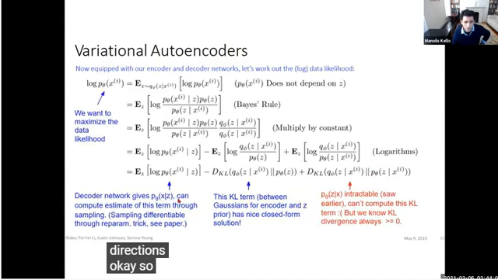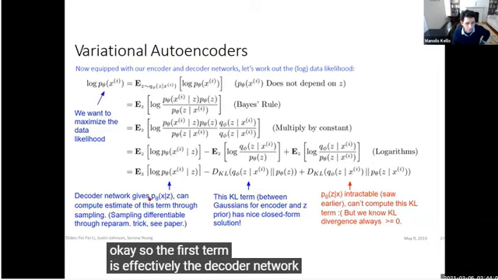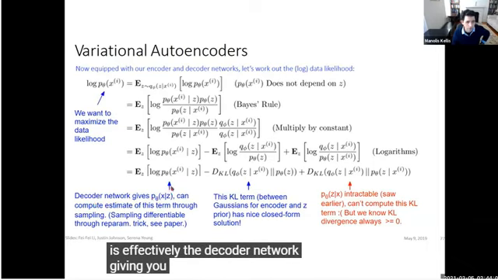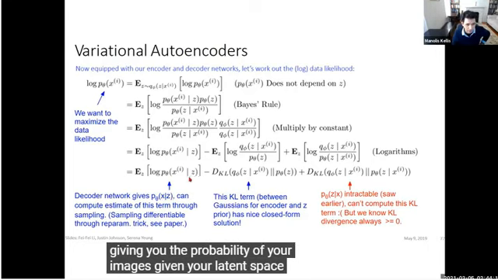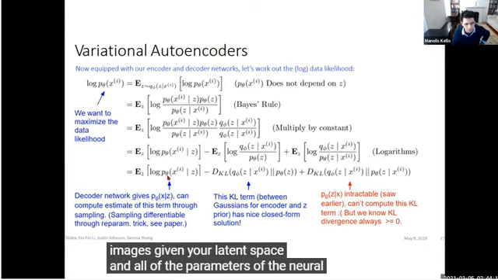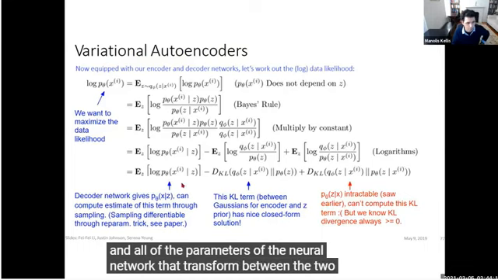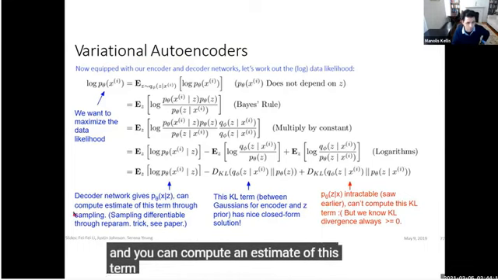So the first term is effectively the decoder network giving you the probability of your images given your latent space and all of the parameters of the neural network that transform between the two. And you can compute an estimate of this term by sampling.